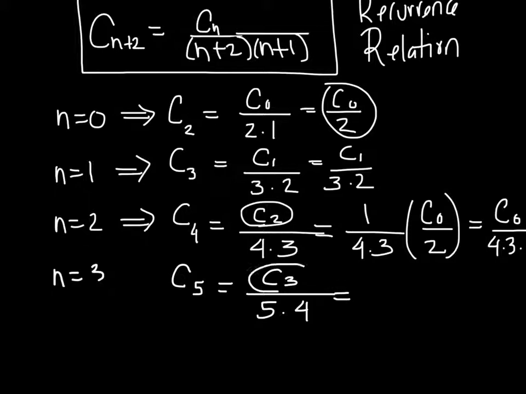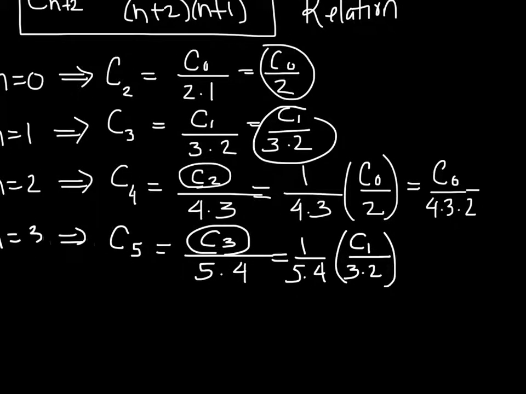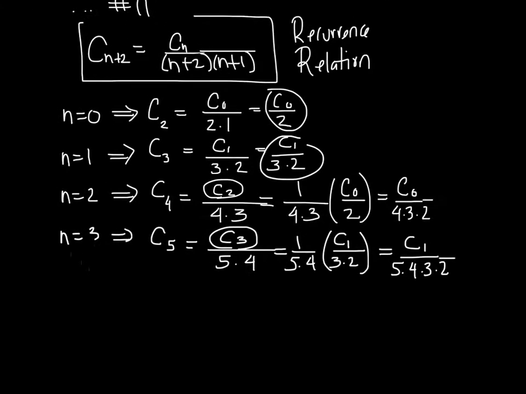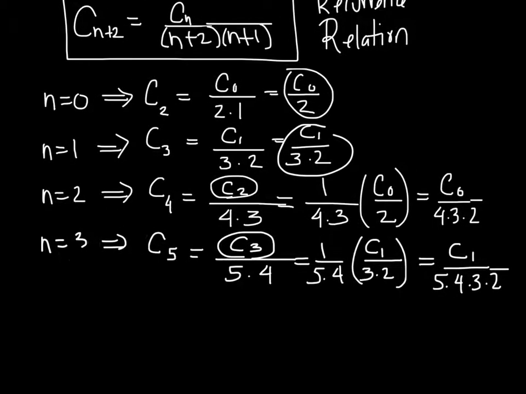And we have a C3, right here, so we can replace this. C3 is C1 over 3 times 2, which was our 6. And this is really C1 over 5 times 4 times 3 times 2. Hopefully you start seeing why I'm leaving these factors as they are.